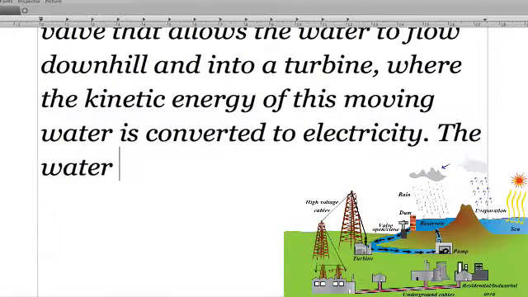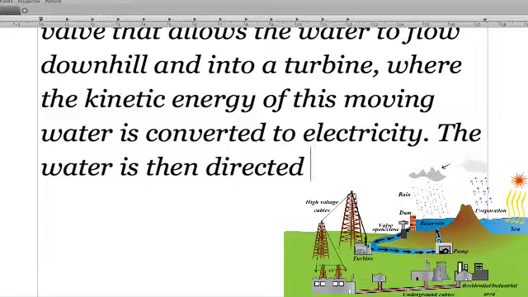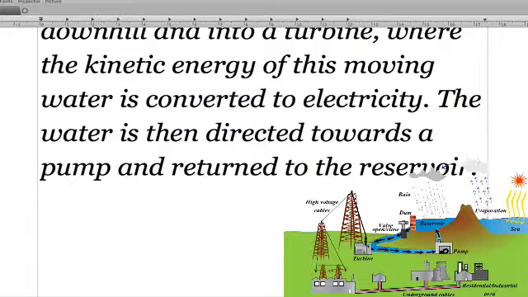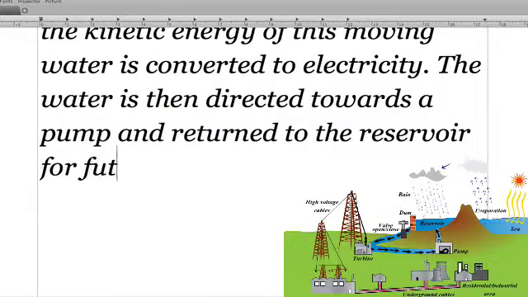The water is then directed, and just the kind of circular motion or the cyclical nature of it, so directed towards a pump and returned to the reservoir, okay, or maybe even for future use.